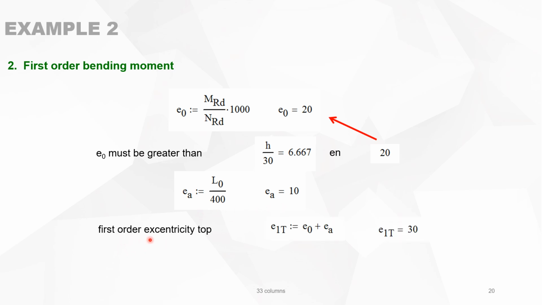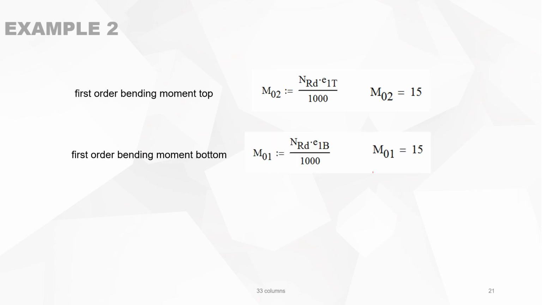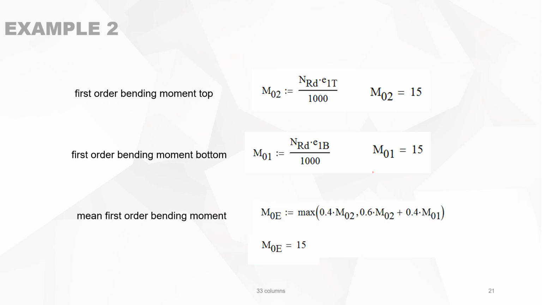The first order eccentricity on top is then e0 plus ea, which gives you 30 millimeters. On bottom, it's the same. The first order bending moment on top of the column is then the normal force multiplied by the eccentricity. It's 15 kilonewton meter. And the first order bending moment at the bottom is also 15 kilonewton meter. And of course, the mean first order bending moment is 15 kilonewton meter.